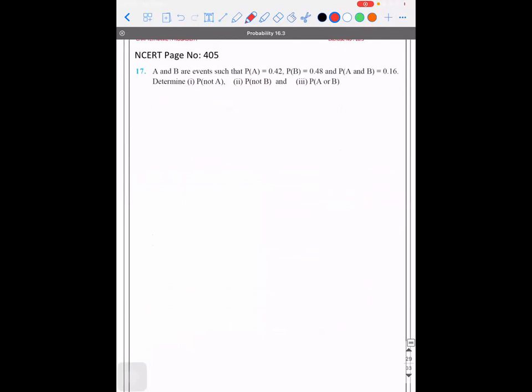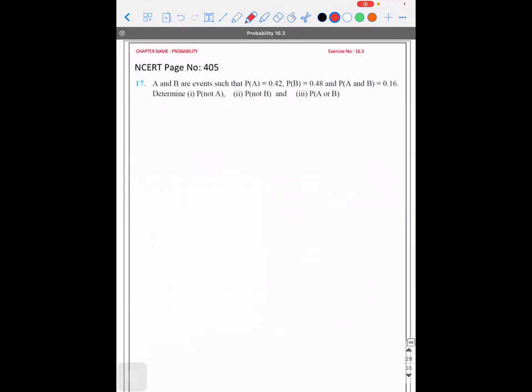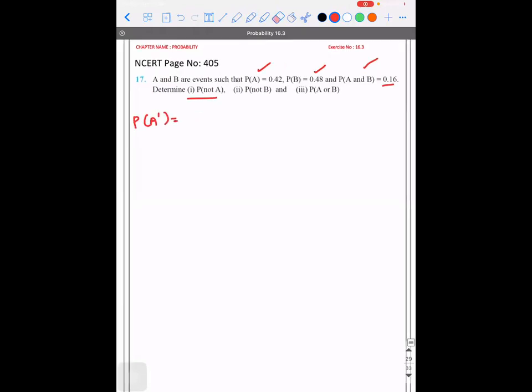A and B are events such that P of A is 0.42, P of B is 0.48, P of A intersection B is 0.16. Determine P of not A. So P of A dash is 1 minus 0.42, that is 0.58. P of B dash is 1 minus 0.48, that is 0.52.